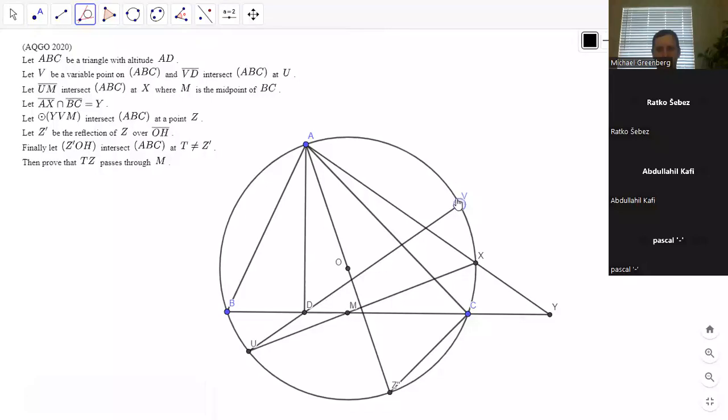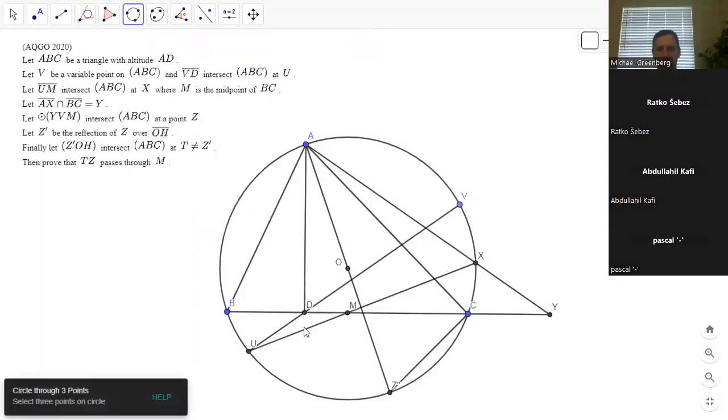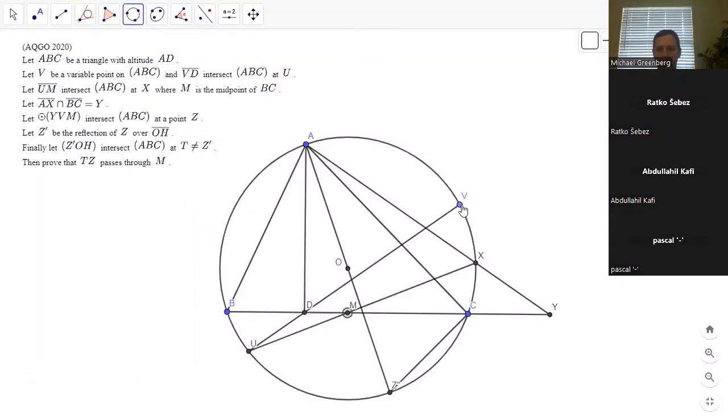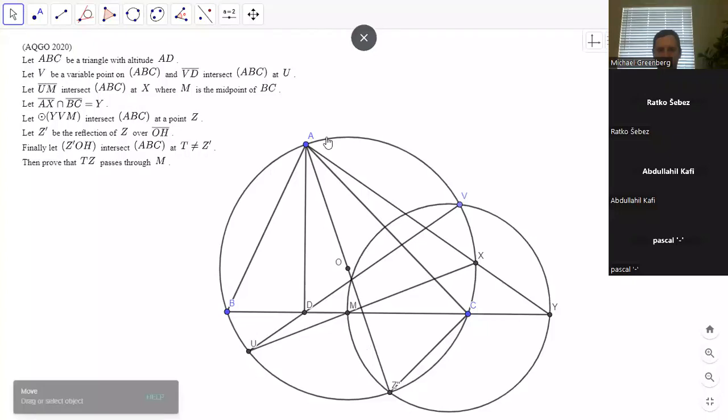Let's see. What's the best way to do it? Can we use power of a point? I don't think those concur.